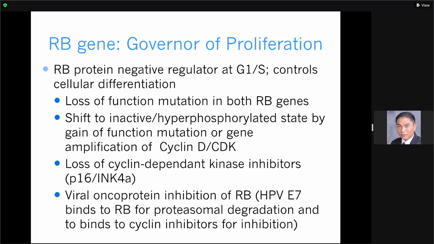So another way by which RB can participate in carcinogenesis is loss of cyclin-dependent kinase inhibitors like P16, and viral oncoprotein inhibition of RB, like in HPV E7, when it binds to RB for proteasomal degradation, and to cyclin inhibitors for inhibition.